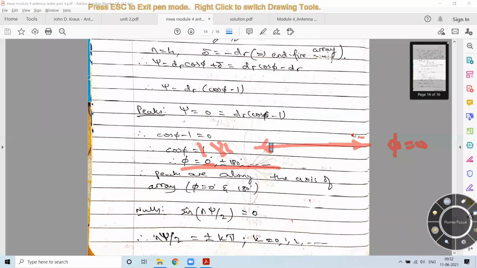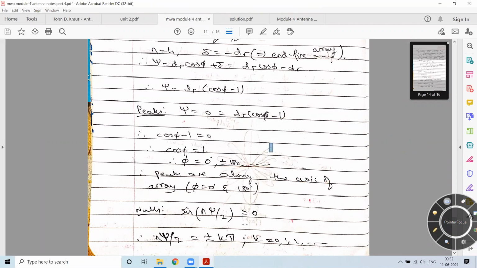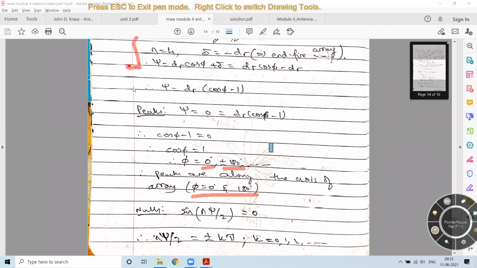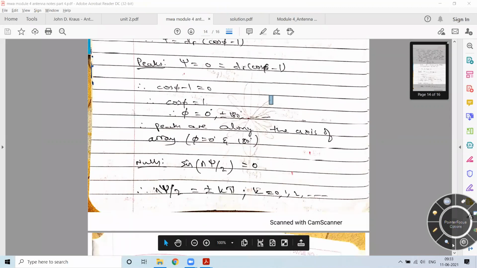Plus 180 degrees is in this direction; if you move in the other direction, you have minus 180. So along 0 degrees and 180 degrees, I have the peak values for the given conditions.